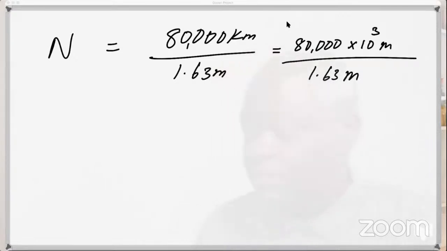I got a really big number, so I'm not sure if it's right. What is the number? 49,079,754.6. Okay, so we're really going big. Let's reduce that to one significant figure.